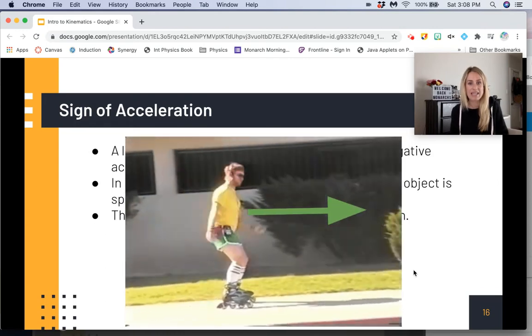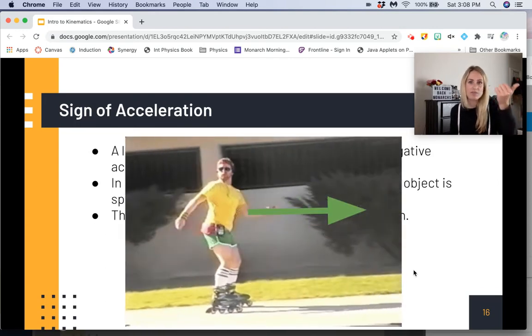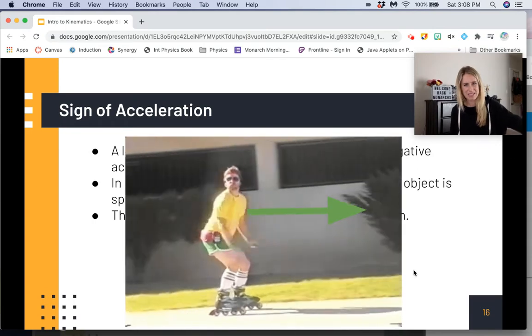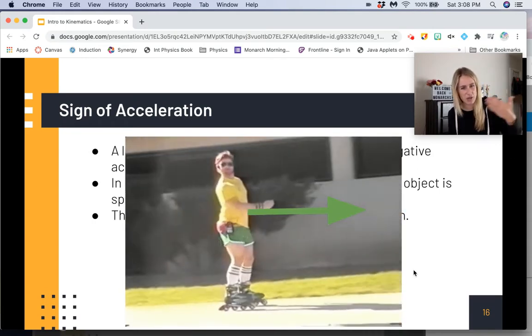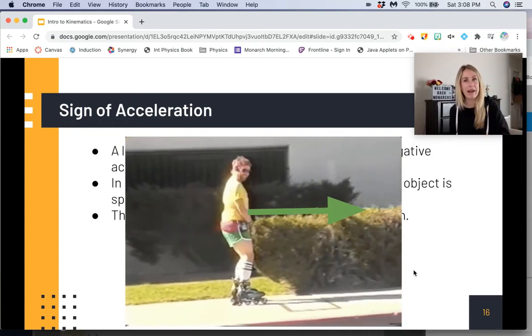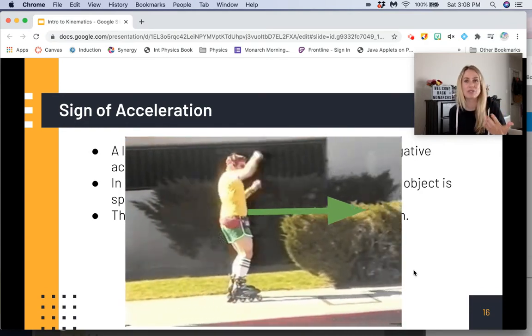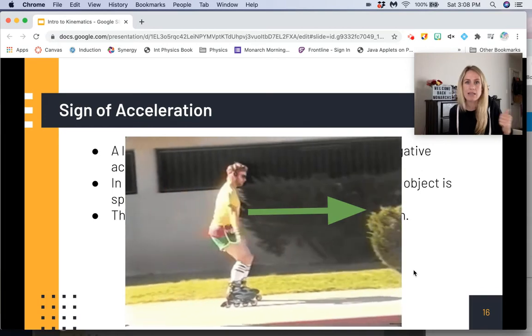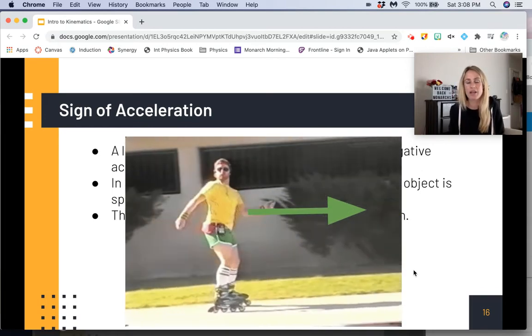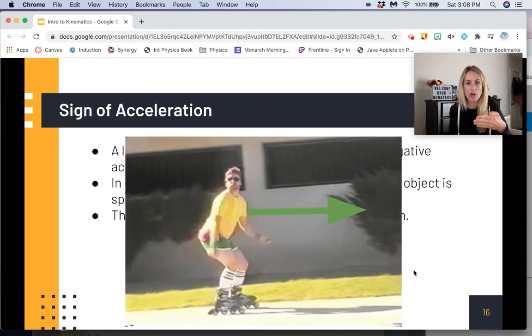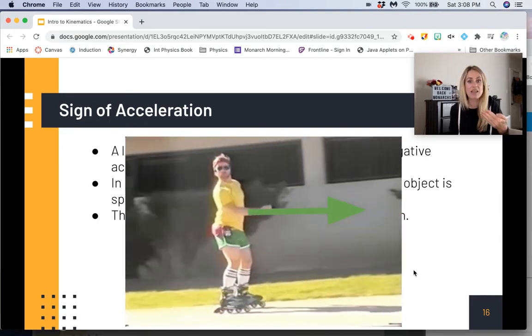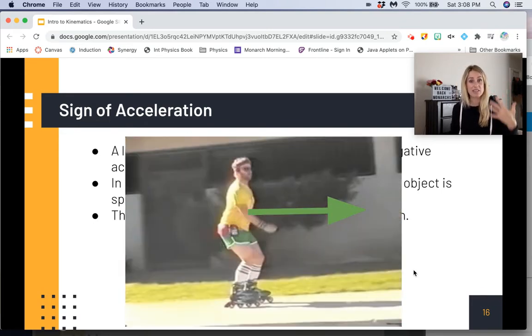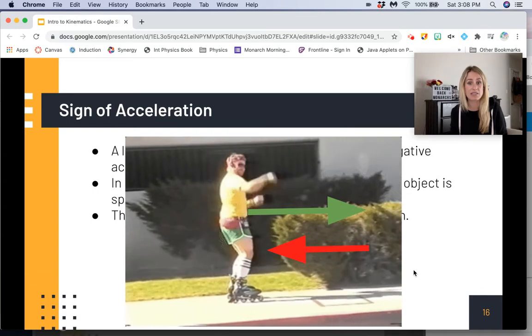Now, again, let's say this direction is negative. Why not? Let's be rebels. So we're saying he's going to the right, and we're going to call the right the negative direction. Remember, I told you, as long as you keep your signs consistent, it totally doesn't matter. You can say that the right is negative if you want to. So he's going to the right, which we're calling negative in this case. And then the wind, though, is in his face, so it's blowing him in the opposite direction.